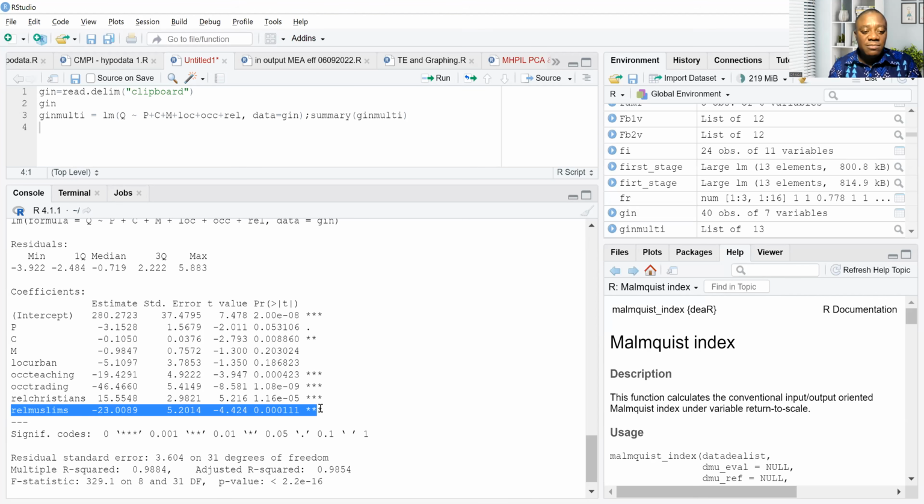Are you ready? Let's write. On average, and you will notice that this is very, very different from the numerical interpretations. On average, given the price and complement price of gin, income of the people, that's M. Location of the shop.